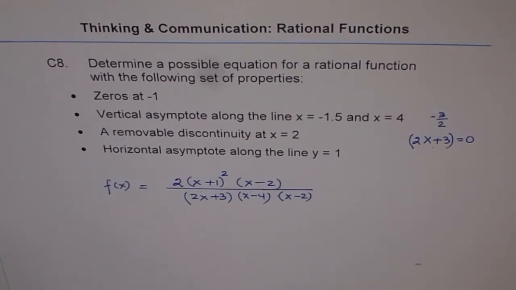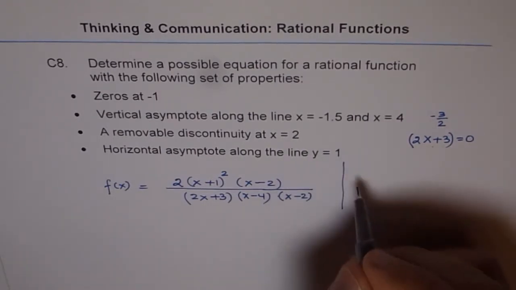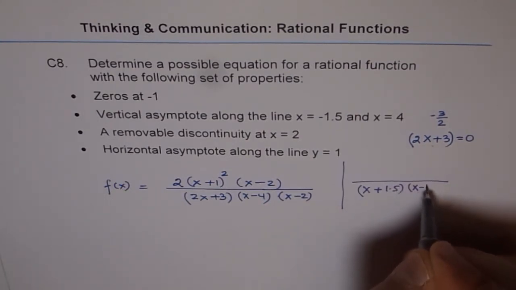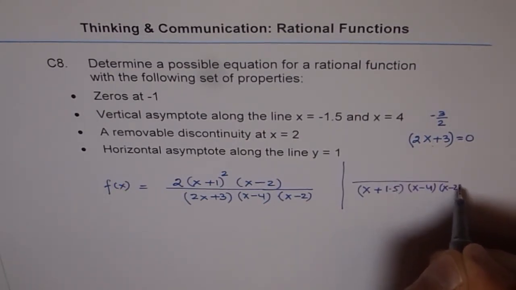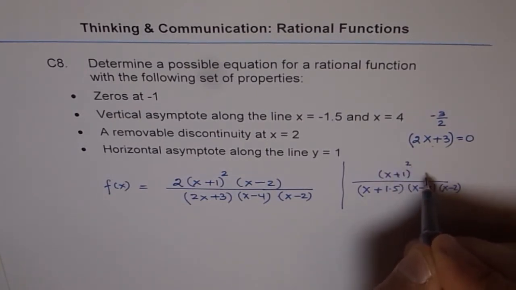Okay, what I was saying was, if you use 1.5, then your equation would have come like this in the denominator. It will be x plus 1.5 times x minus 4 times x minus 2, and here it will be x plus 1. Hopefully you also put the square here, x minus 2.